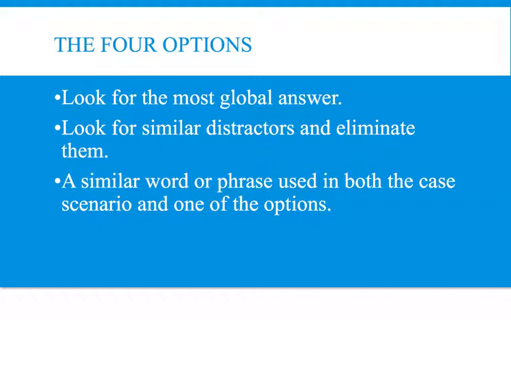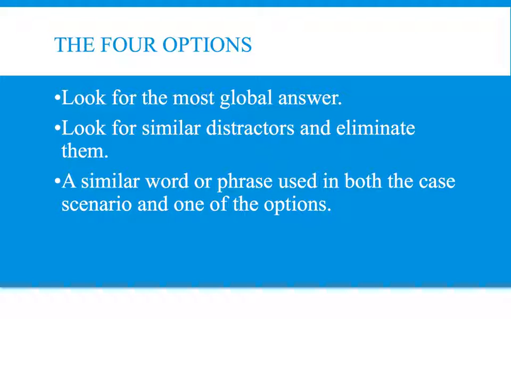Look for similar distractors and eliminate them. So each question, each of the 4 options, there'll be some that are meant to be distractors. They are there to pull you in to see if they can tempt you with maybe just a little bit different wording of an answer. So it's important to know that there are distractors there, be able to identify them, and be able to eliminate them.